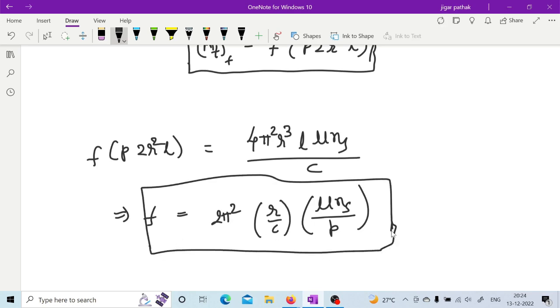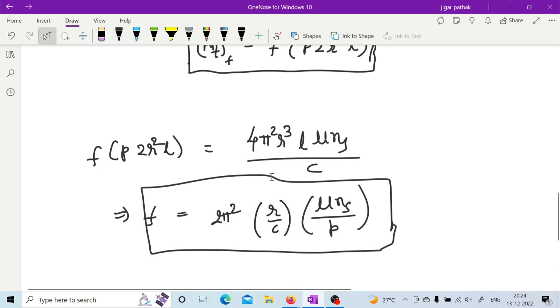This is how you can have your Petrov's equation. And there are two important dimensionless numbers, R by C and mu n s by P, that govern the coefficient of friction.